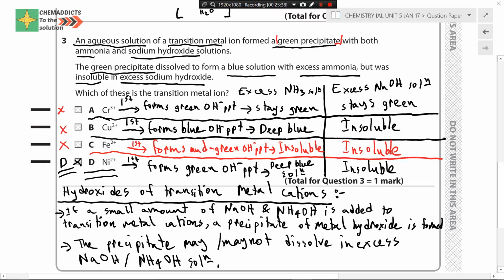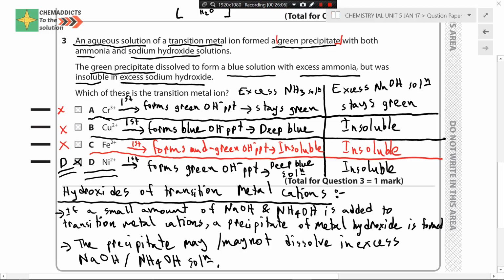Iron 2 plus ion first forms mud green hydroxide precipitate with both ammonia and sodium hydroxide solutions. This precipitate is insoluble with excess ammonia solution, and insoluble with excess sodium hydroxide solution.